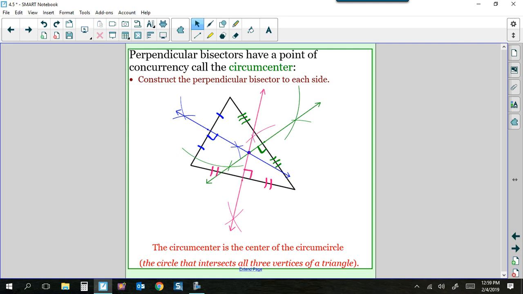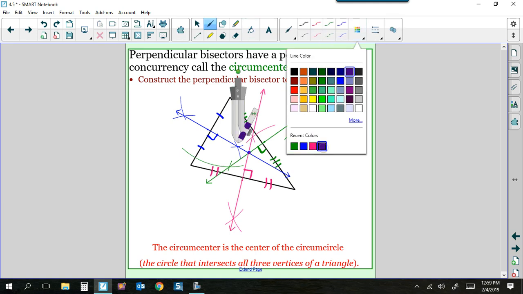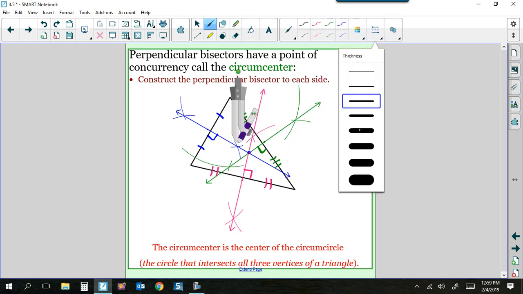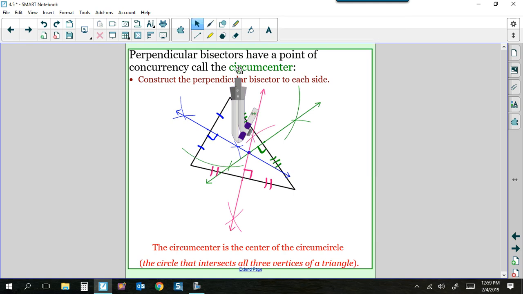Now your circumcenter is going to be used to draw yet another circle. This circle will be drawn on the outside of your triangle. Your circumcenter is going to be equidistant from each one of your angles. So for the circle that you will draw, you will put your compass at the circumcenter and then stretch your compass out to one of your angles.